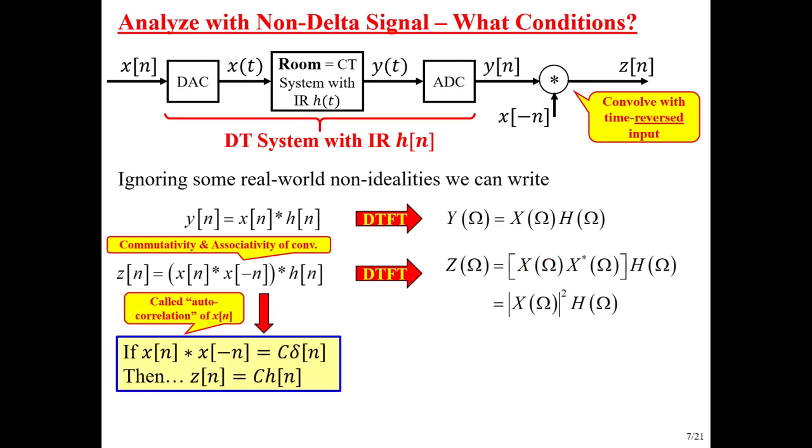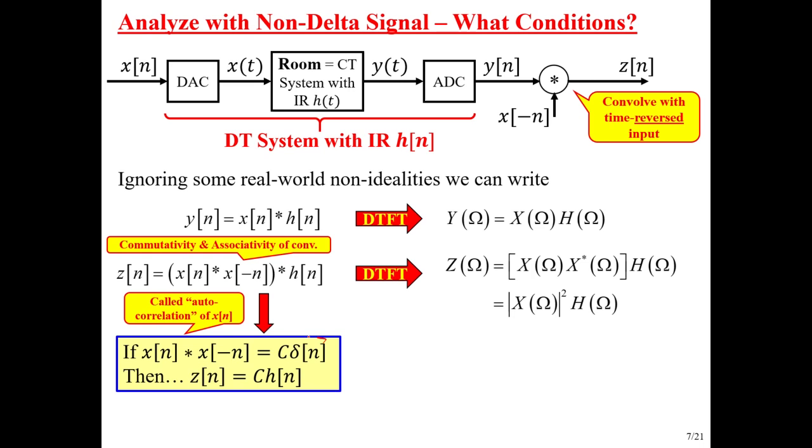And now let's just name some things here. We're going to say that this convolution of x with its time reverse, we're going to call that the autocorrelation of x of n. There's a reason for that. I don't want to go into it right now, but maybe you've run across that kind of thing in some other DSP studies. But look, if that thing is a delta function, and I just put a c out in front to allow it to be some number times the delta function.